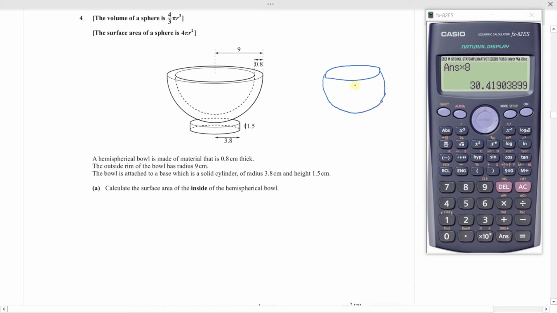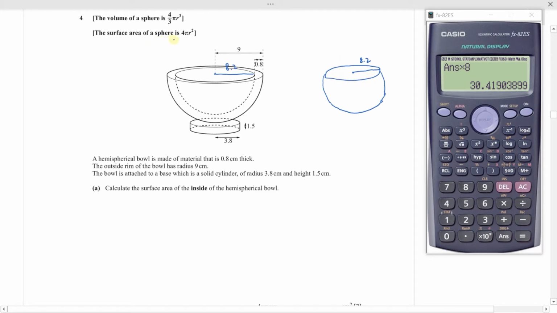Okay, so this is the inner bowl that I have drawn. So the radius of this is actually 9 minus 0.8. So this radius here, up to this point, is 9 minus 0.8, which is 8.2. So your radius here is 8.2. So now you are only interested in the inside surface area of this hemispherical bowl.